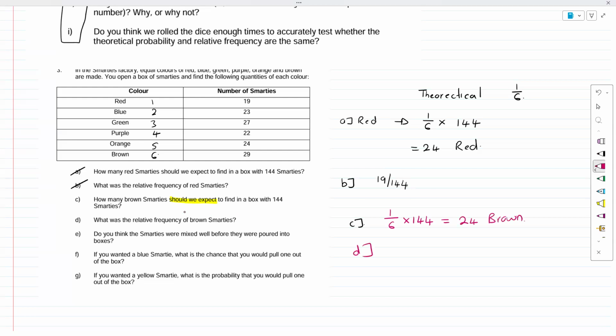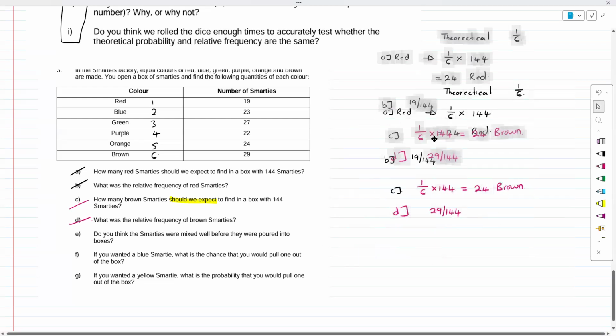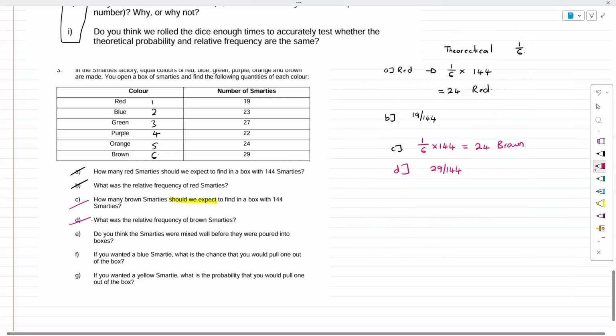Question D would definitely be, what is the relative frequency? That means how many brown Smarties do we actually get? 29 out of 144. You guys can simplify that. I know the simplifying part is important, but I'm just trying to teach you guys for now.